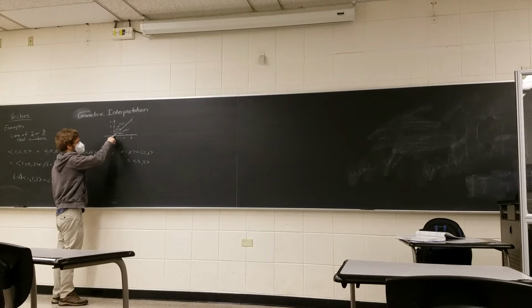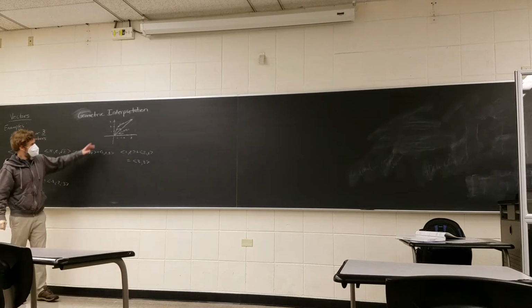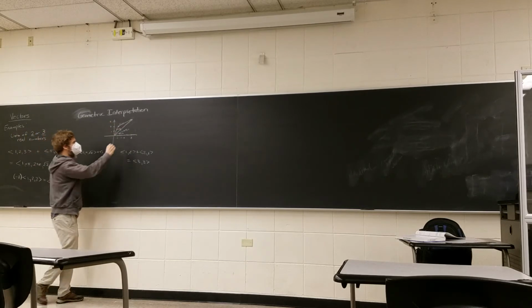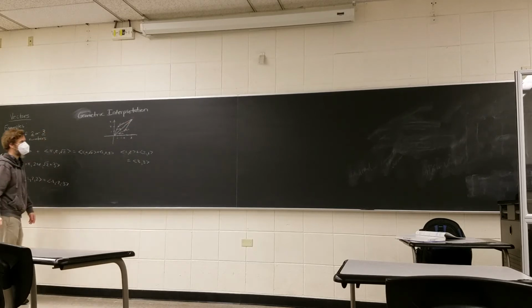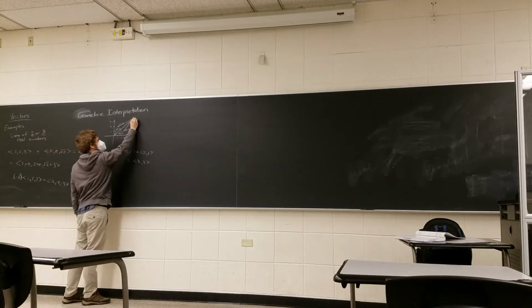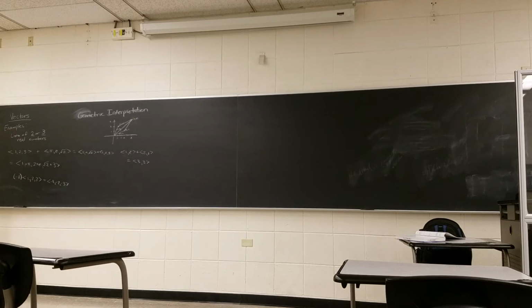So if I take the end of this one and I put it here, I get to the same point. And if I took this one and I put it on here, again, I get to the same point. Pretend I drew everything to scale. And so that was the geometric interpretation.